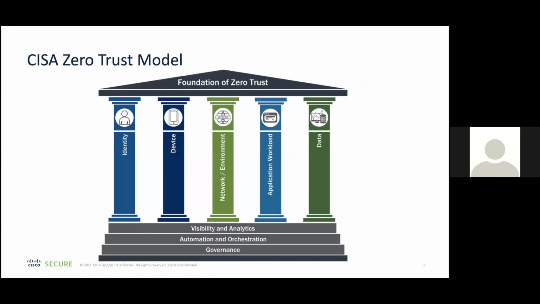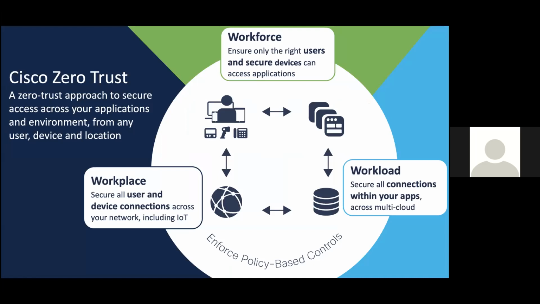So the CISA model, we've seen that taking more of a precedence within the federal industry right now. That seems to be what most people are following through with, the different pillars of identity, device, network, application, and data. And Cisco had our own approach where we talked about workplace, which is your actual offices, your wired and wireless devices that are connecting.